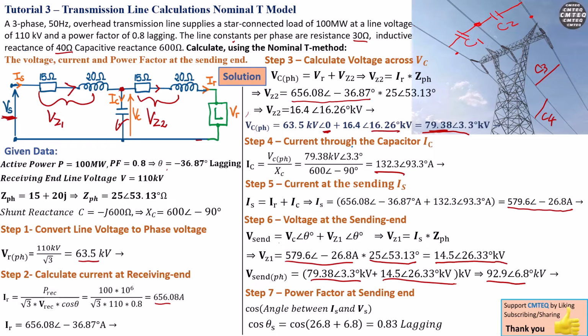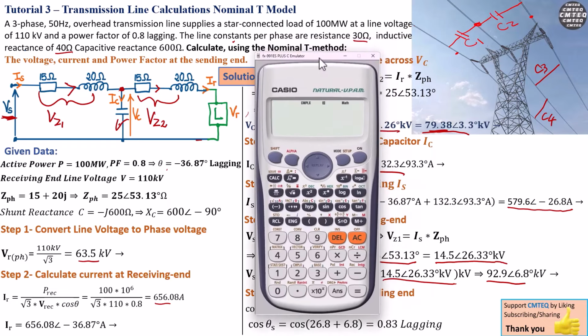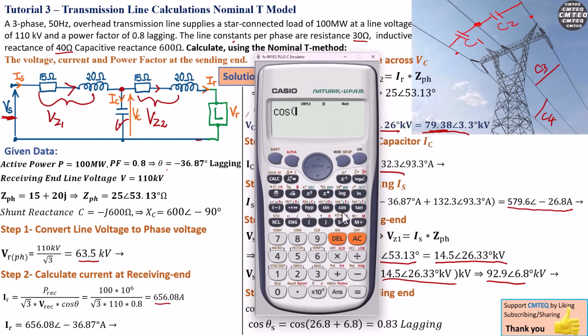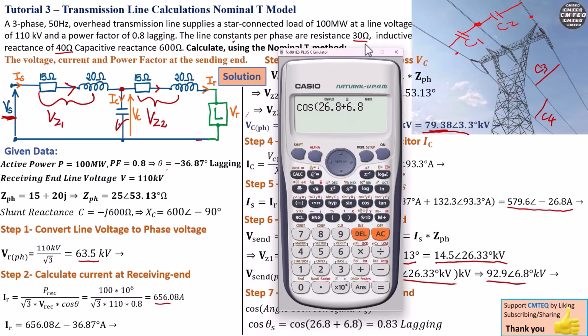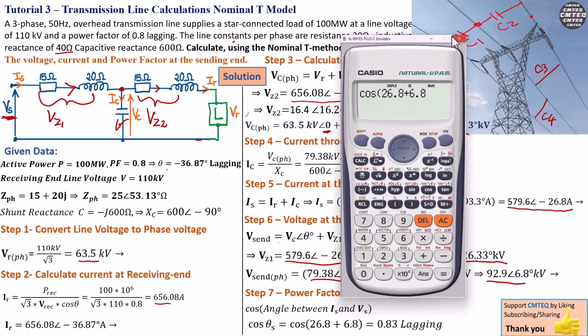If you have to compute this with your calculator, it is very simple. It's cos of 26.8 plus 6.8, which is the angle here of the sending end voltage per phase.